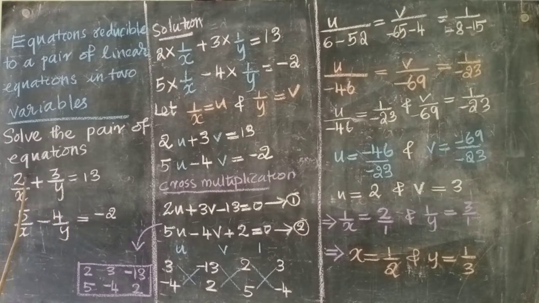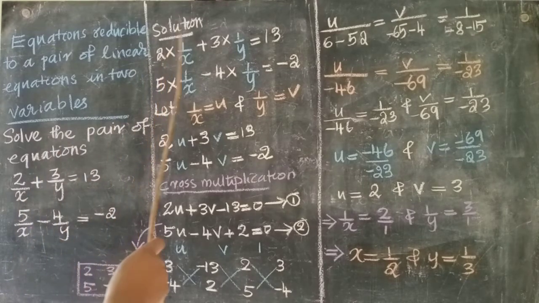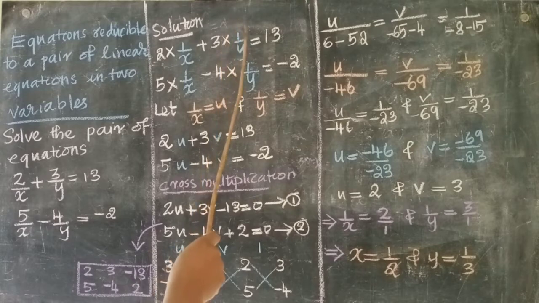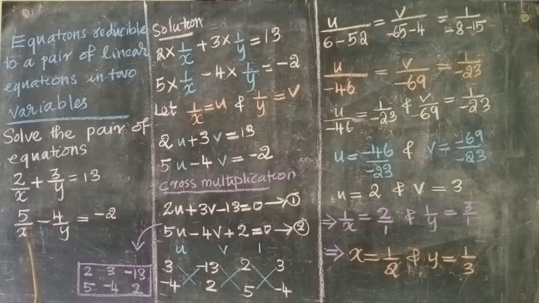So 2 by x, the first term, we can write as 2 into 1 by x. 3 by y we can write as 3 into 1 by y. 5 by x we can write as 5 into 1 by x. 4 by y we can write as 4 into 1 by y.